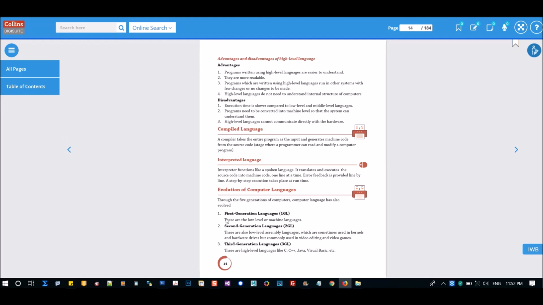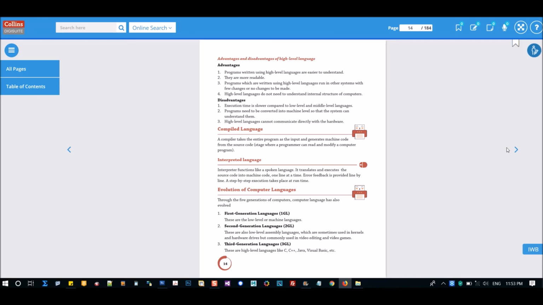Here you see first generation are low-level or machine languages. Second generation languages are sometimes used in kernels and hardware drivers, but commonly used in video editing and video games. And in the third generation we use languages like C, C++, Java, Visual Basic.